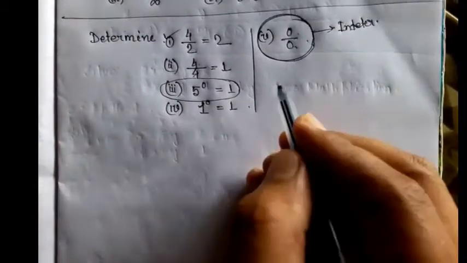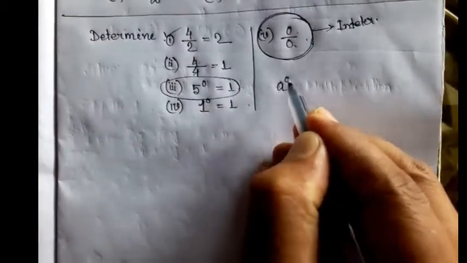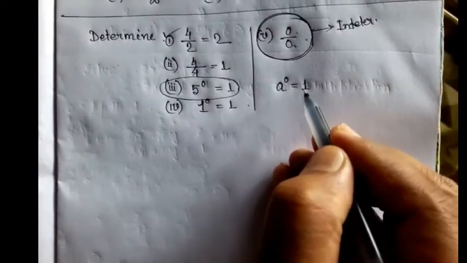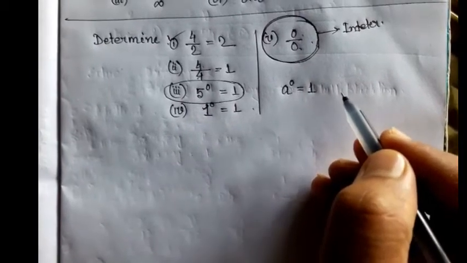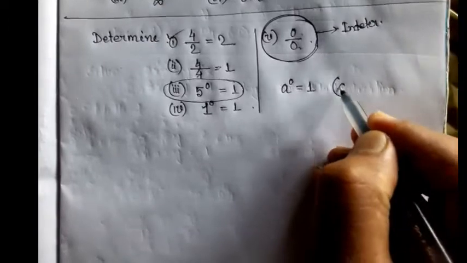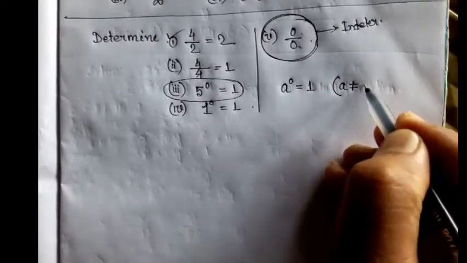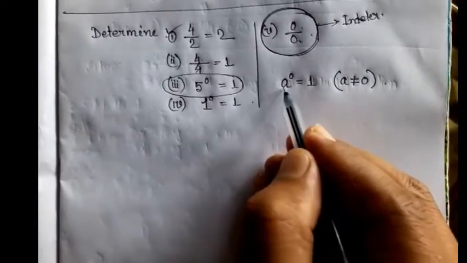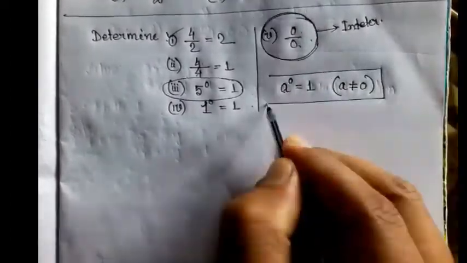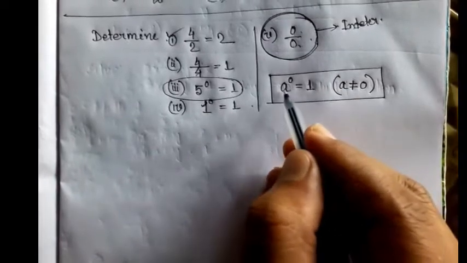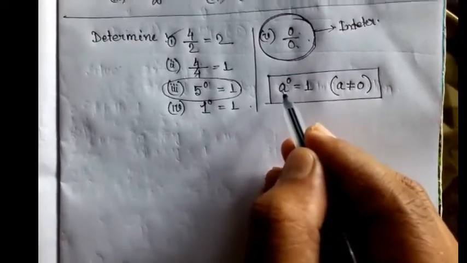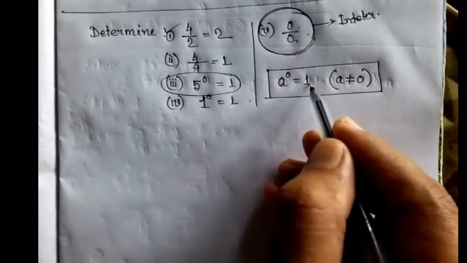Just look at this one. You know that a to the power 0 equals 1. That means if the power of a number is 0, then the result is 1. I hope you have noted that here also one restriction was there, that a must not equal 0. That means if a equals 0, then this rule is not applicable. If the base is 0, you can't write that power 0 means always 1.